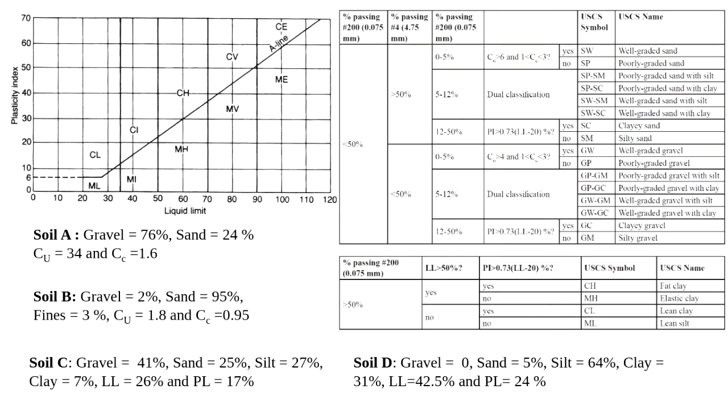We have silt 27 and clay 7, so we have less than 50% fines. So in this case, still we're going to use this top table. Then we'll look at whether we have more gravel or sand. Well, if we have the data according to this sieve boundary, in this case, that should be okay.